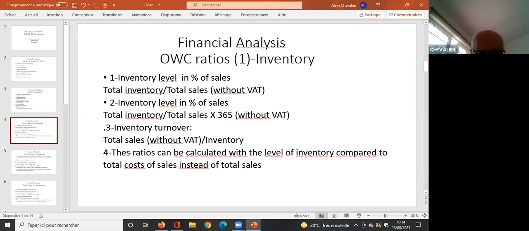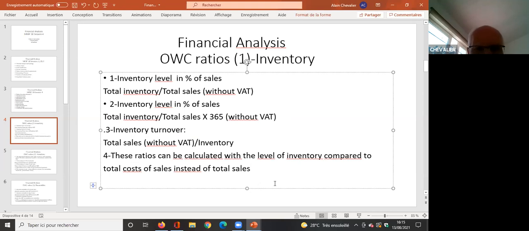The first ratio we have is probably the most used ratio, which is not the ratio you find in the textbook, but is the ratio you find in many banking financial analysis, because it is very simple to calculate. Simplicity is very often the criteria.